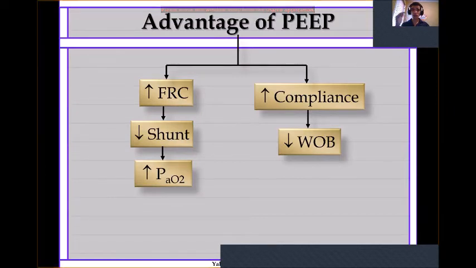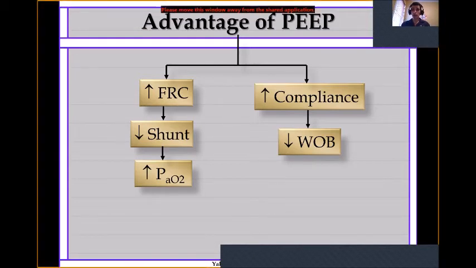From 6 to 13 is 7, while from 5 to 13 is 8, which means the patient needs to breathe 8 to achieve the same pressure level. That means he starts to increase work of breathing. So improving compliance and increasing distension will decrease work of breathing because you need less inspiratory pressure.